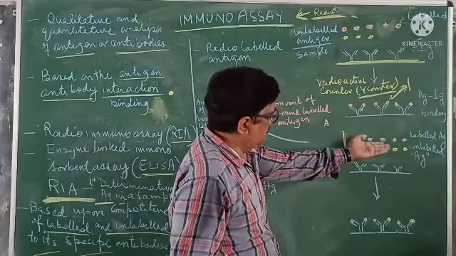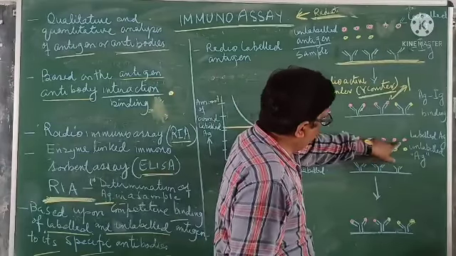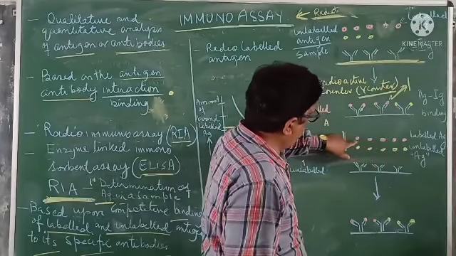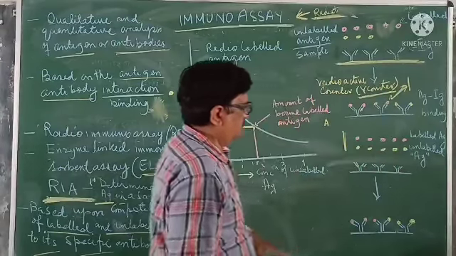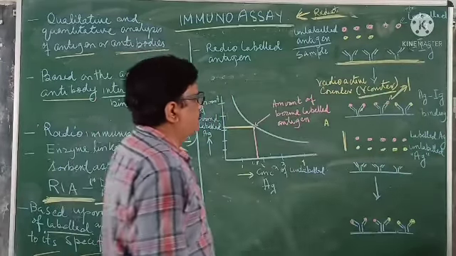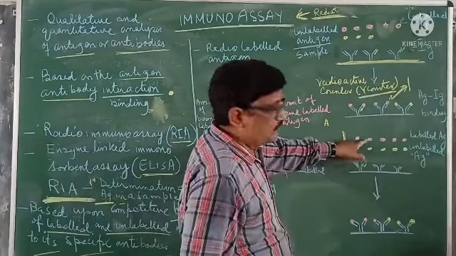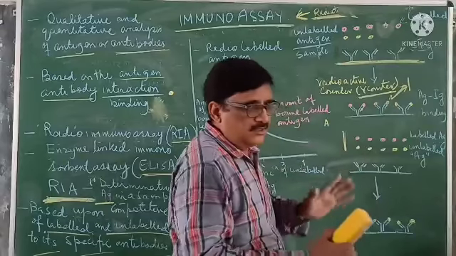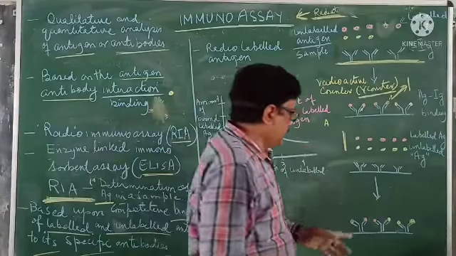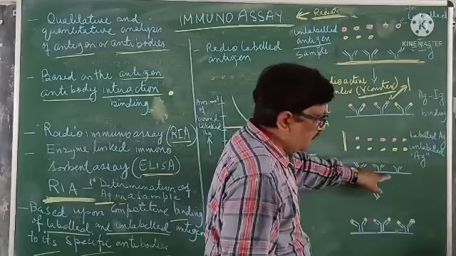Suppose, as you can see from the diagram, the labeled antigen has 5 molecules and the unlabeled also has 5 molecules. They will compete with each other because they have equal concentration. They will compete equally for binding to the antibodies.